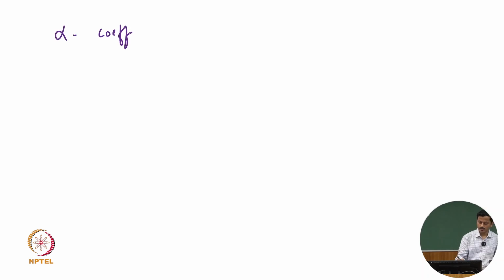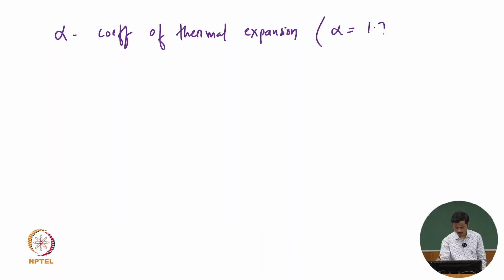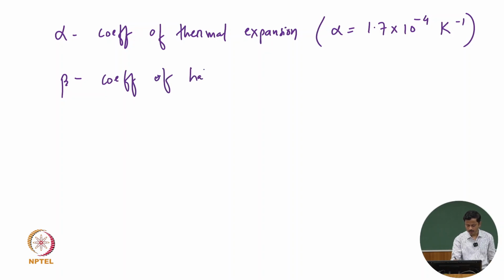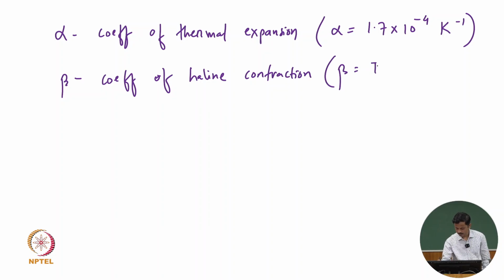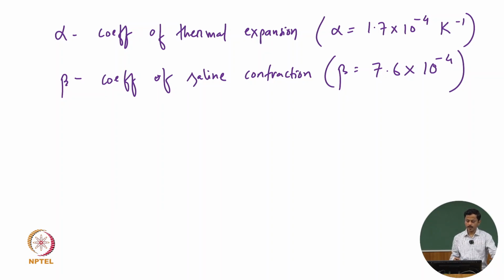Alpha is the coefficient of thermal expansion, alpha equal to 1.7 times 10 raised to minus 4 per Kelvin, and beta is the coefficient of haline contraction, or saline, so anything is fine. Beta has a value of 7.6 times 10 raised to minus 4.